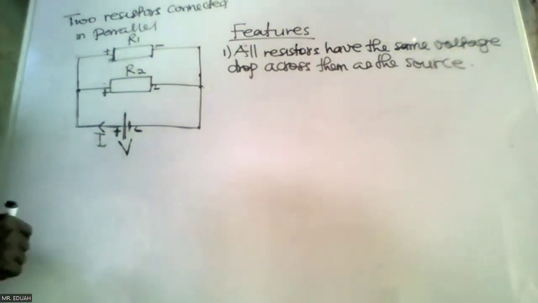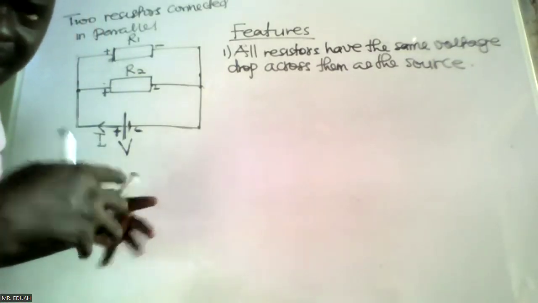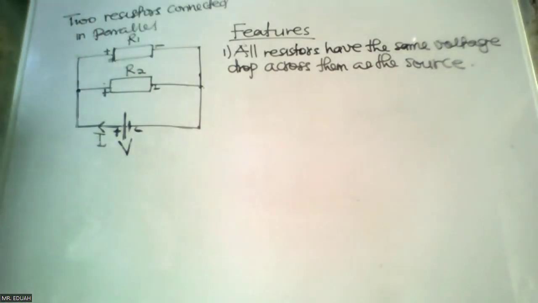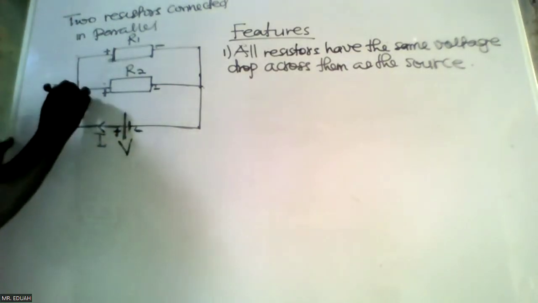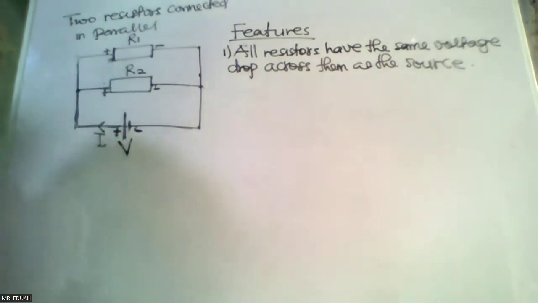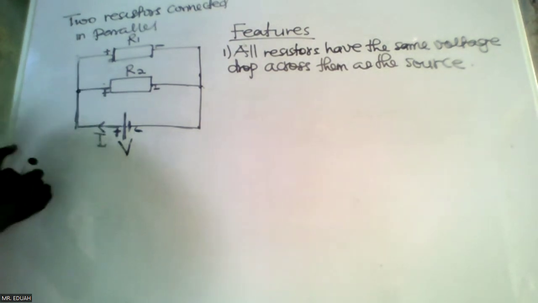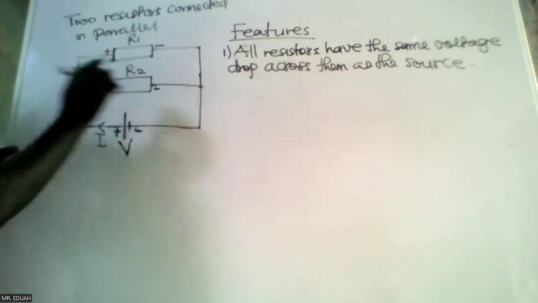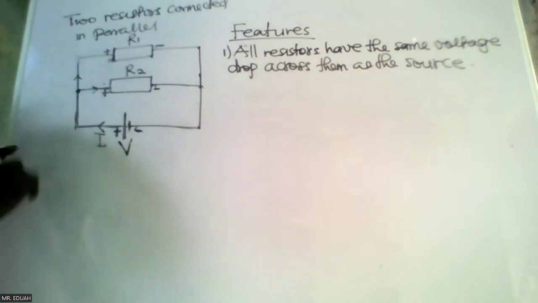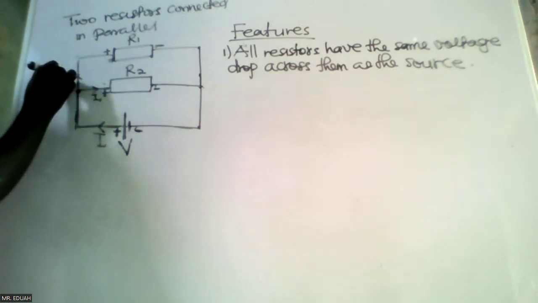So we have one wire here, another, and another wire. When the current gets to the junction, it is divided. Some goes to this side, some goes to this other side. So we have I1, we have I2.